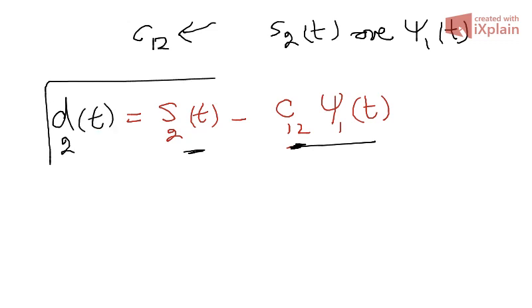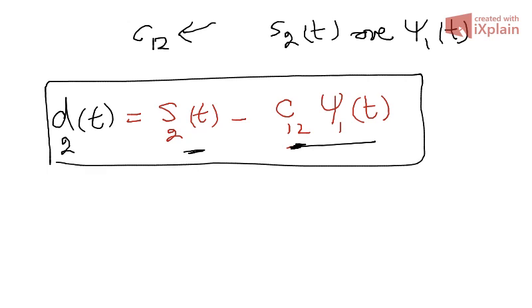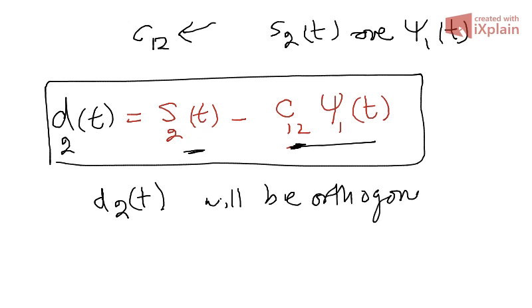This is our new signal, and this D2 of t will be orthogonal to psi 1 of t.